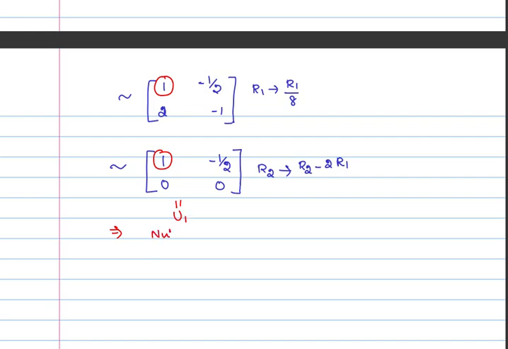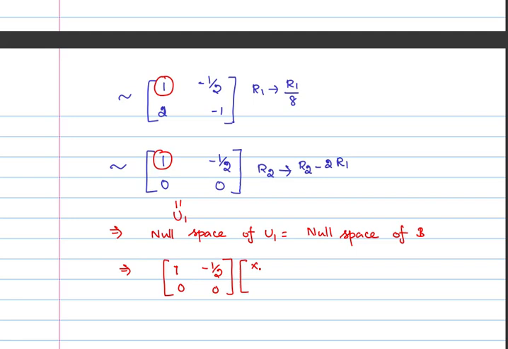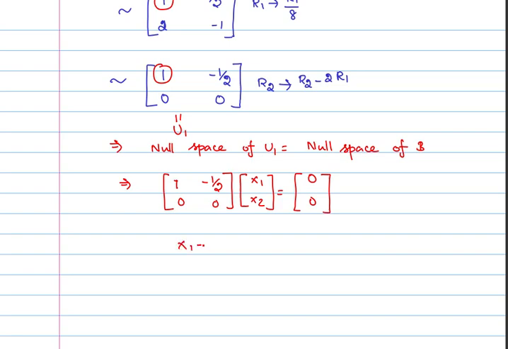So the null space of B equals the null space of U1, which implies [1, -1/2; 0, 0] times x1, x2 equal to 0, 0. So x1 minus x2 divided by 2 equals 0.